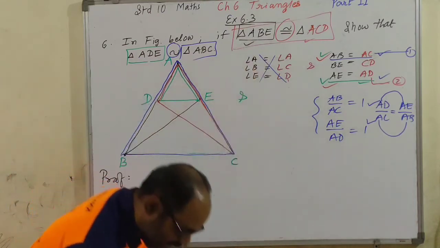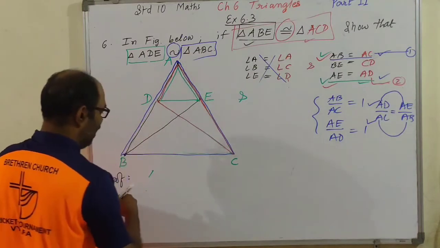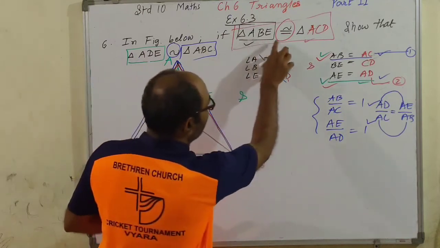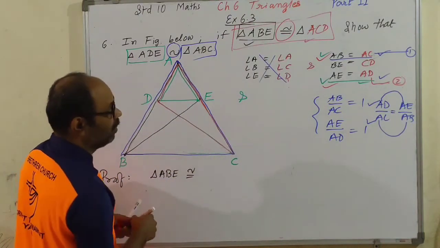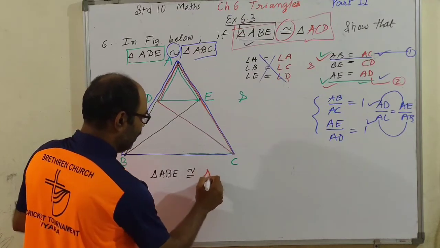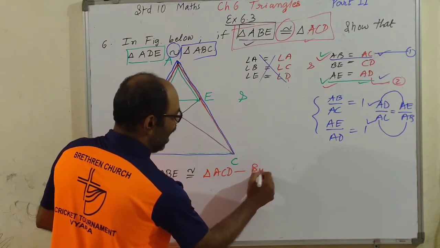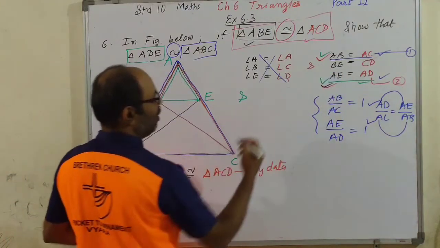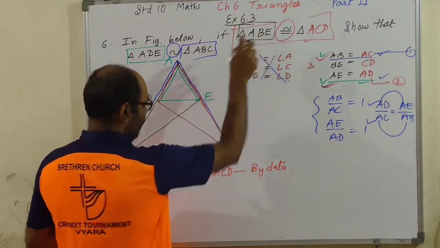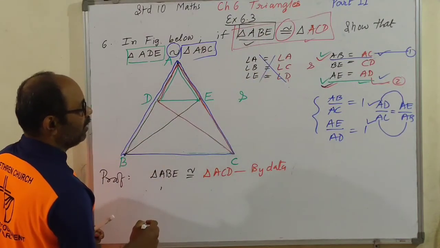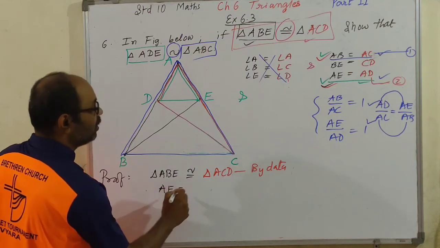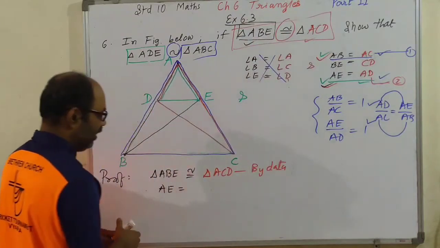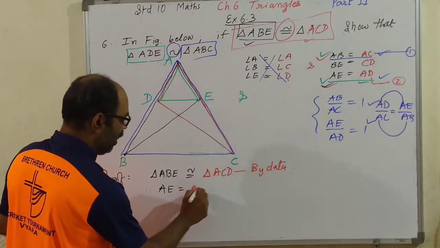We take from here, right? This data we will pick up first. We'll exploit that. Triangle ABE, is it ABE? Yes, is congruent to triangle ACD. This is by data. Therefore, we'll pick up this first. Alright? AE, it's black, AE is equal to AD.